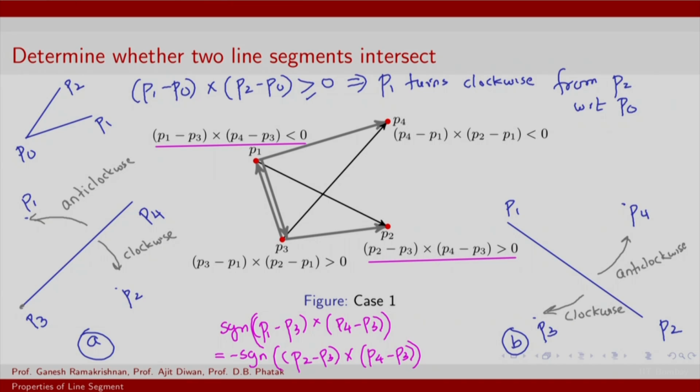Similarly, we would expect the sign of P4 minus P1 cross product with P2 minus P1 to be exactly opposite of the sign of P3 minus P1 cross product with P2 minus P1.